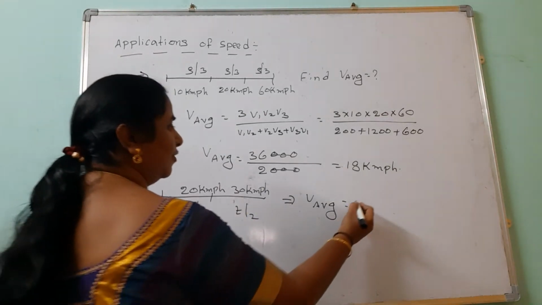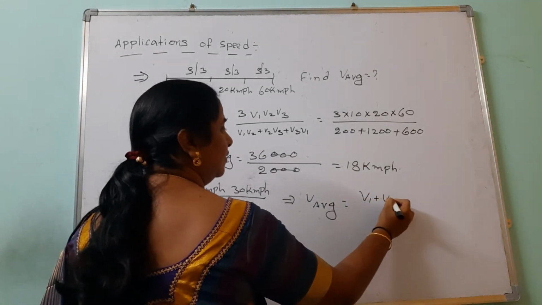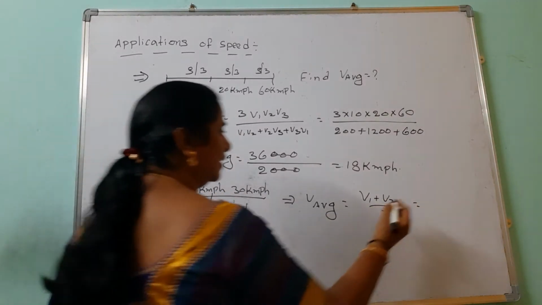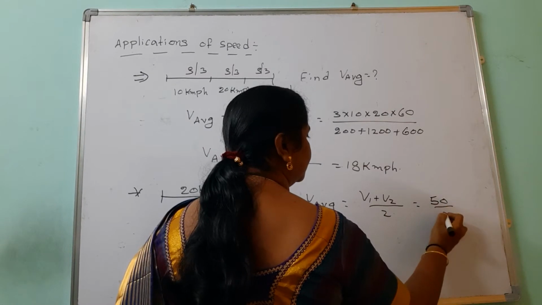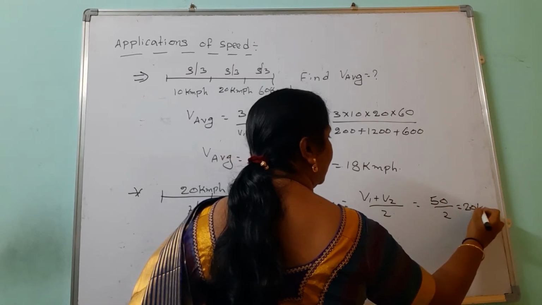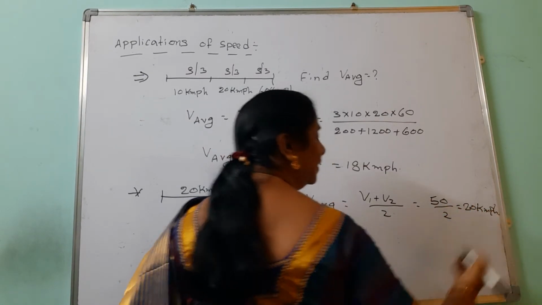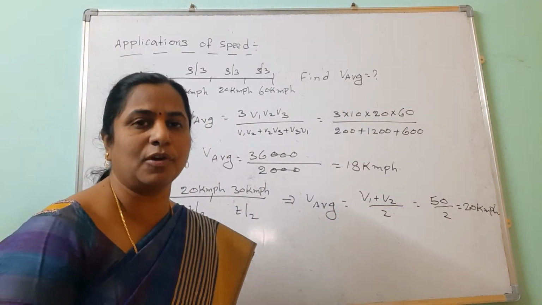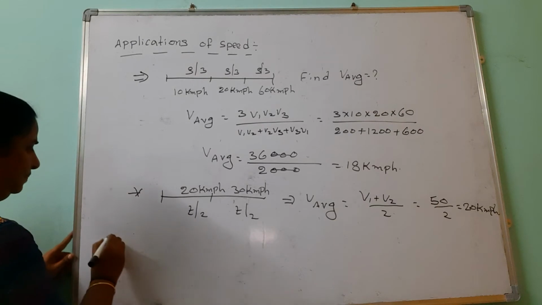We can use this formula, (v1 plus v2) by 2. v1 is 20, v2 is 30, 50 by 2. We are getting 25 km/h. So these are the two models, and one more problem we are going to discuss now.